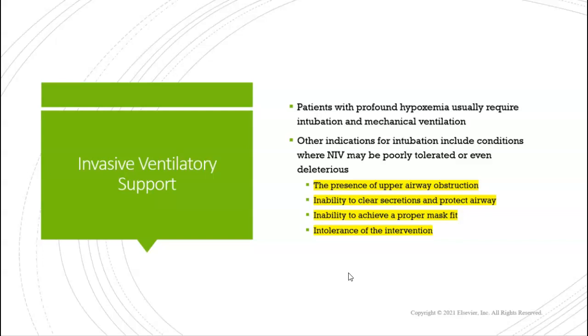Also the patient's inability to clear secretions or protect their airway. So if the patient is coming in with seizures, they can't protect their airway, you need to intubate. The inability to achieve a proper mask fit, meaning they have some sort of facial trauma or facial burns, you need to intubate. Or finally, as I already mentioned, if the patient is not tolerating the non-invasive, is taking the mask off, is refusing to wear it, they need to be intubated.